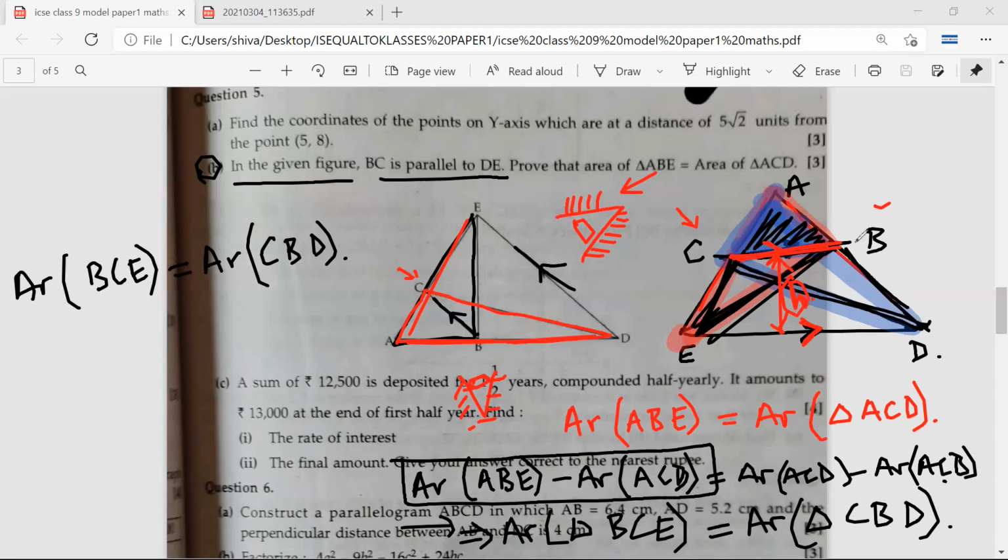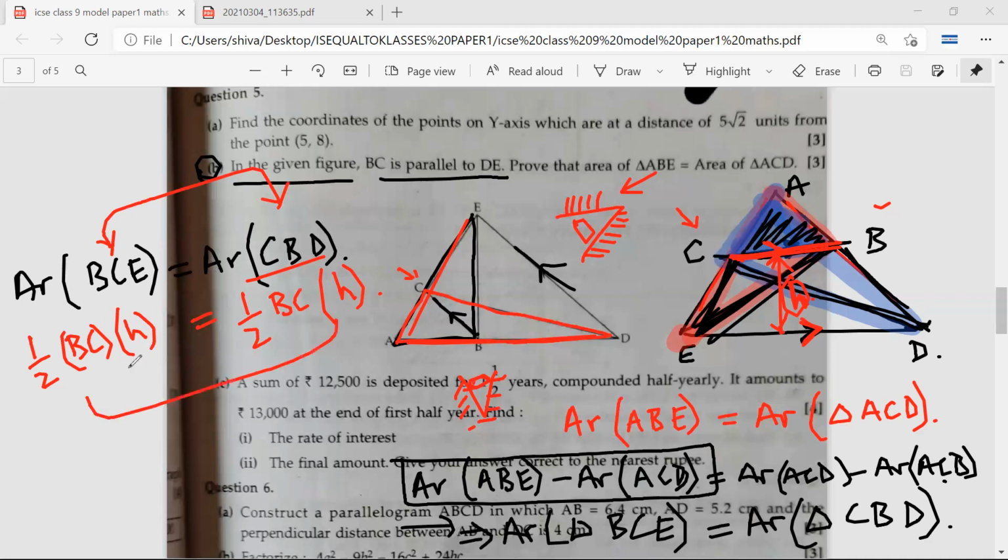So area of CBE would be half base into perpendicular distance, and CBD would be half base into perpendicular distance, which is h. Any doubt? No, sir. So these two would be equal if these two are equal, and of course these two are equal. Any doubt?